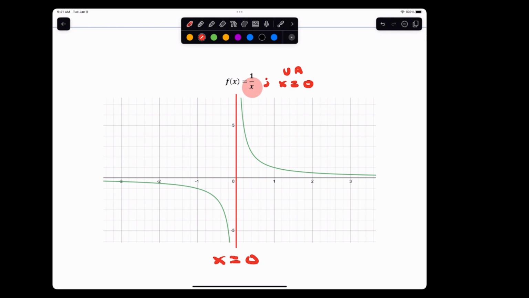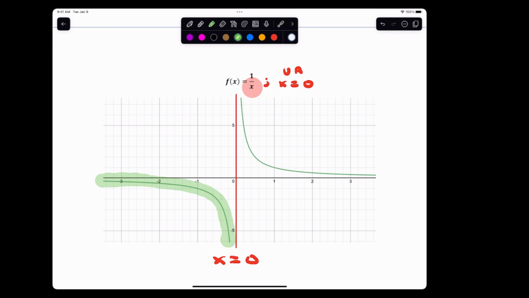If I sketch this curve, what do you guys know I have to do? Did I pick up my pencil to sketch it? Yes, I did. Where did I pick it up? At x is 0. Let me share this with you. I'm going to sketch this curve in green.